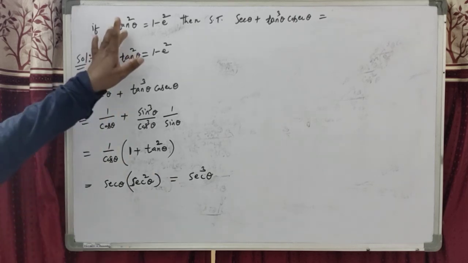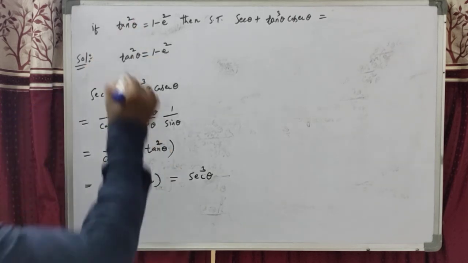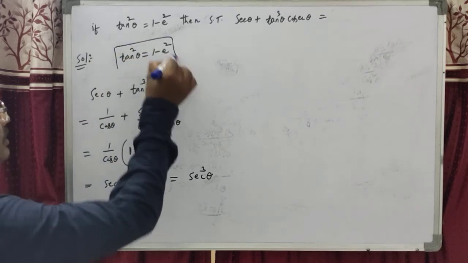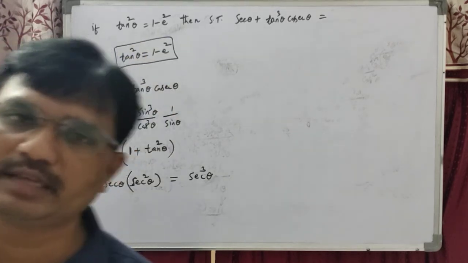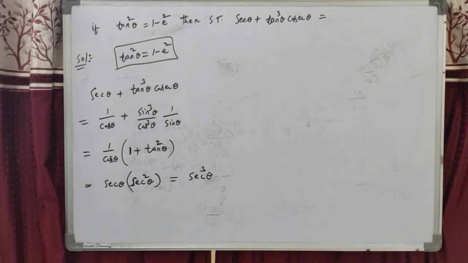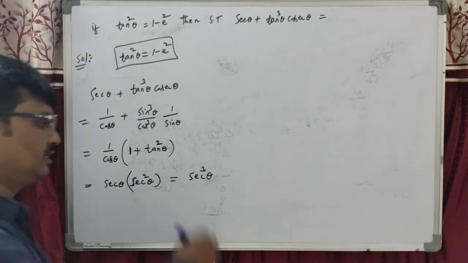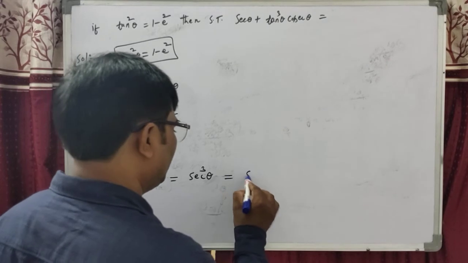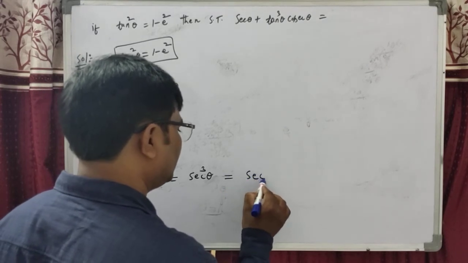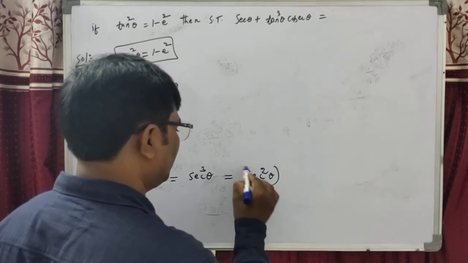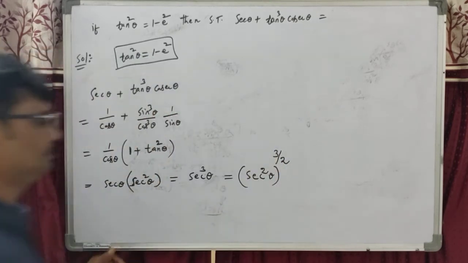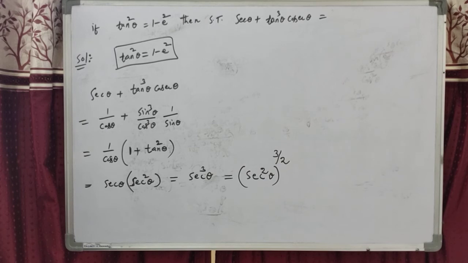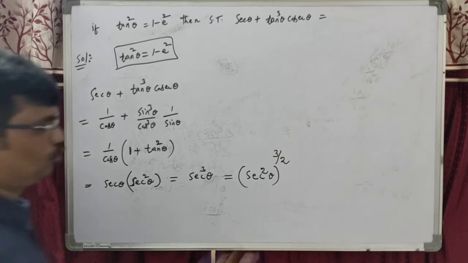The value of tan square theta is 1 minus e square. We know that secant square theta minus tan square theta equals 1. We can write this as secant square theta whole power 3 by 2.